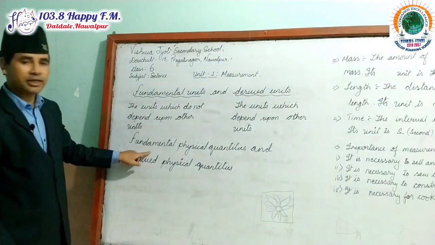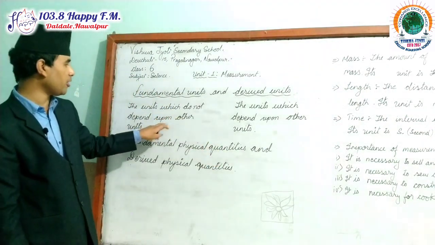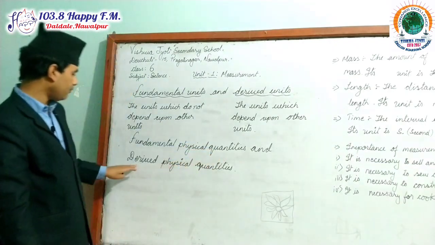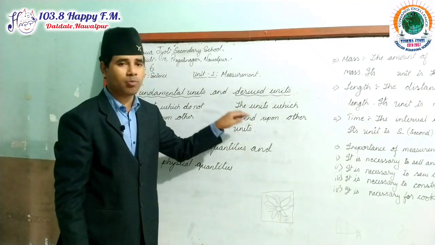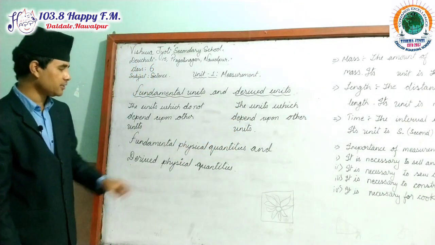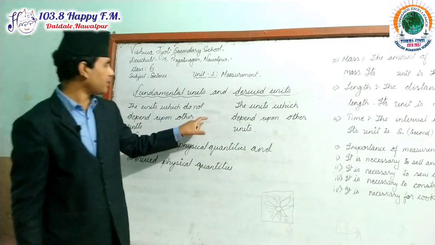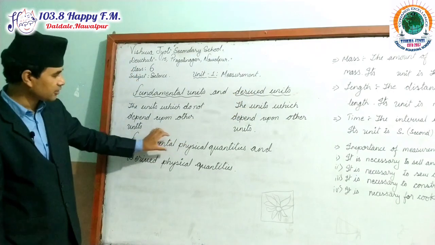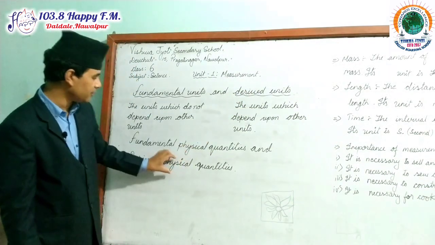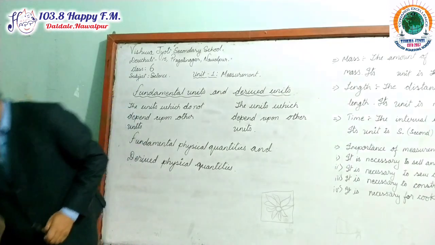These are also same. Definition is same. Fundamental physical quantities means those quantities which do not depend upon other quantities, and derived physical quantities means the quantities which depend upon other quantities. The definition is same. Only the matter of thing is here we need to write down unit, and here in this definition we need to write down physical quantities.